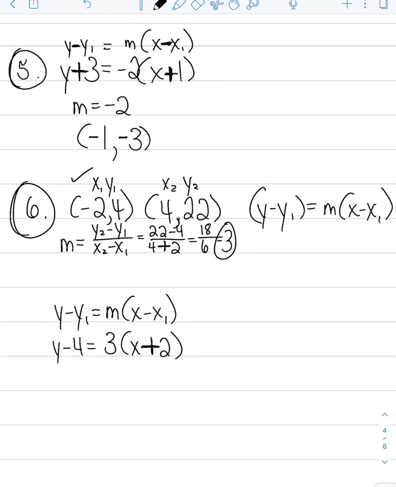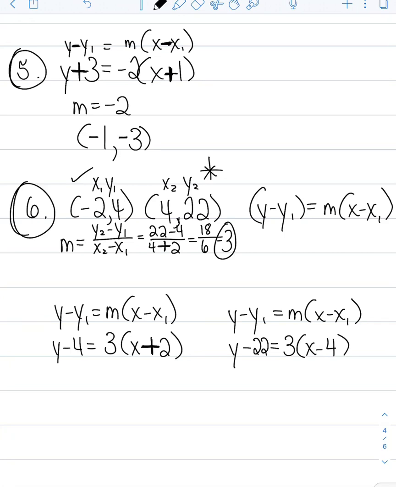Now I'm going to leave that here for a minute. Watch this. Now I'm going to use the second point. So I'm going to write it down, y minus y1 equals m times x minus x1. y minus my y in the second point, which is 22, equals a slope of 3 times x minus, and my x is 4.